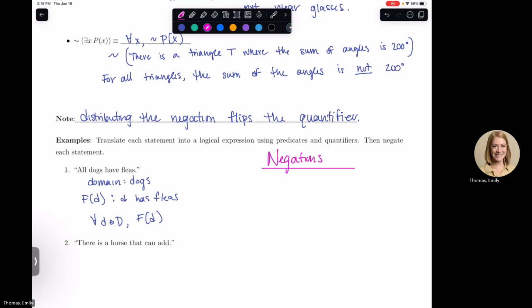So I want to negate that statement. What would that look like in symbols?